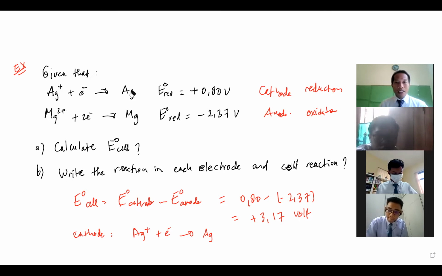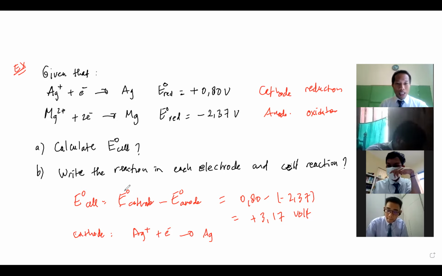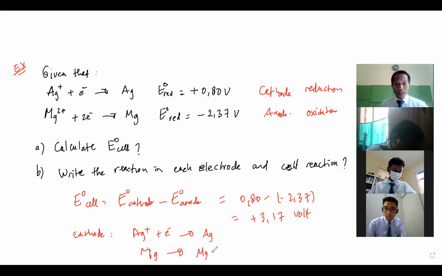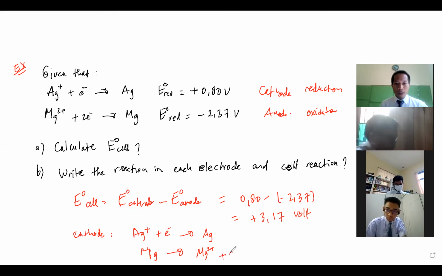Nah, reaksi di anode seperti apa? Anode reaksinya oksidasi ya. So, dibalik reaksi yang di atas. Mg become Mg2 plus plus 2 elektron. Ini reaksi anode.